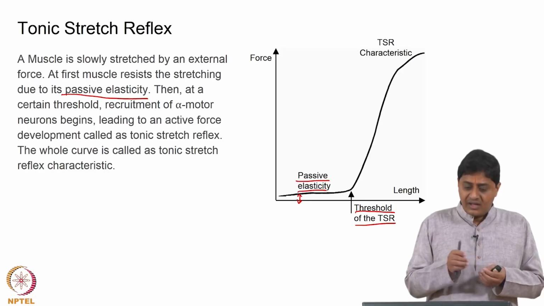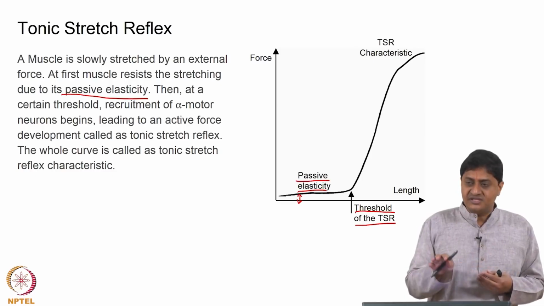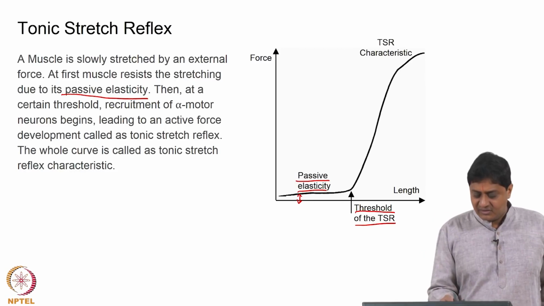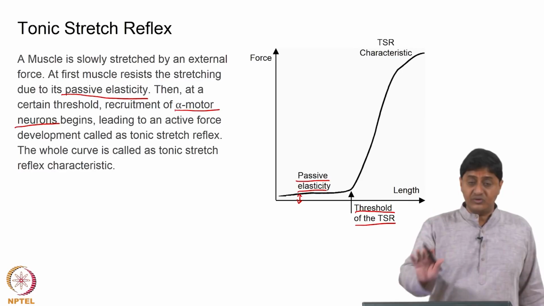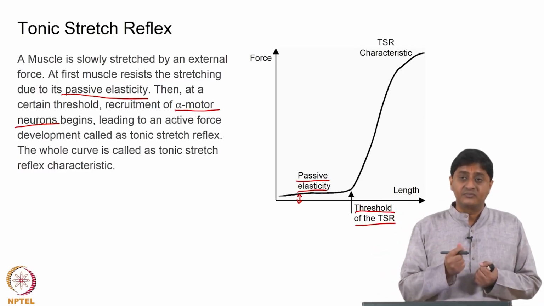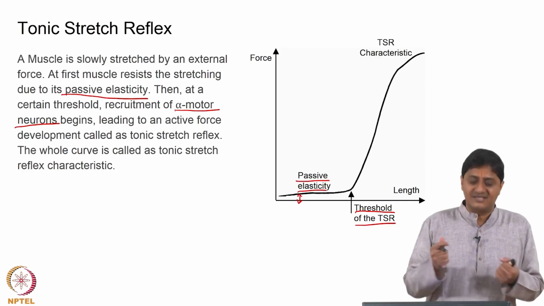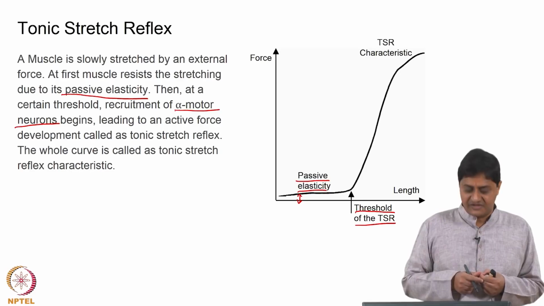But when the muscle is innervated by a neuron and it is stretched, then the neuronal connectivity ensures that there is an active response. When we say active, there is going to be an influence of alpha motor neurons. These alpha motor neurons get recruited and they contract; the muscle is getting stretched and it is trying to resist that stretch actively through alpha motor neuronal activation.